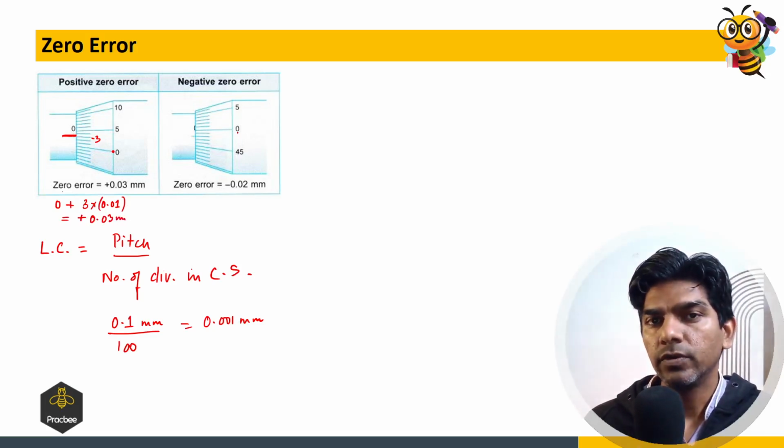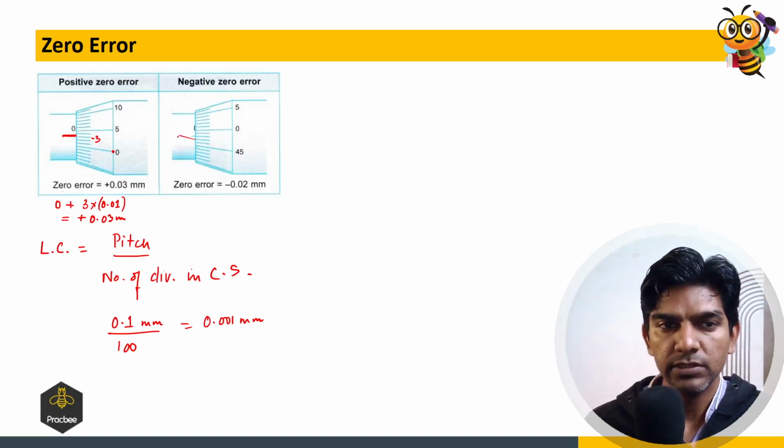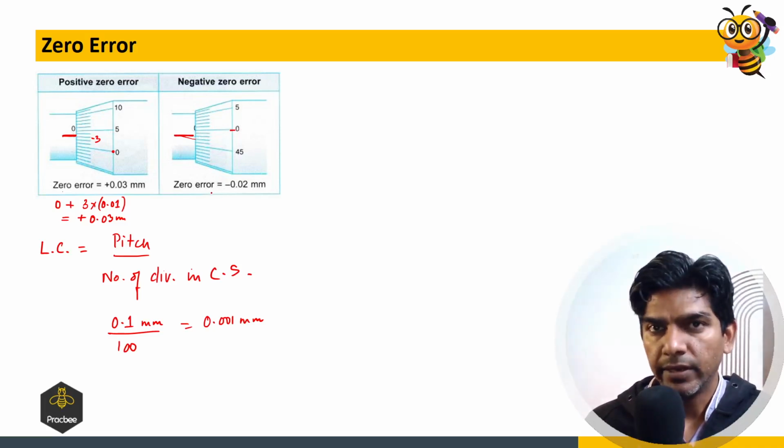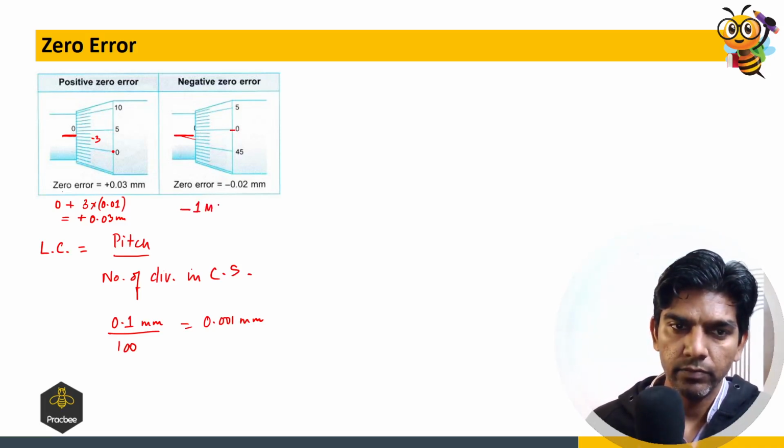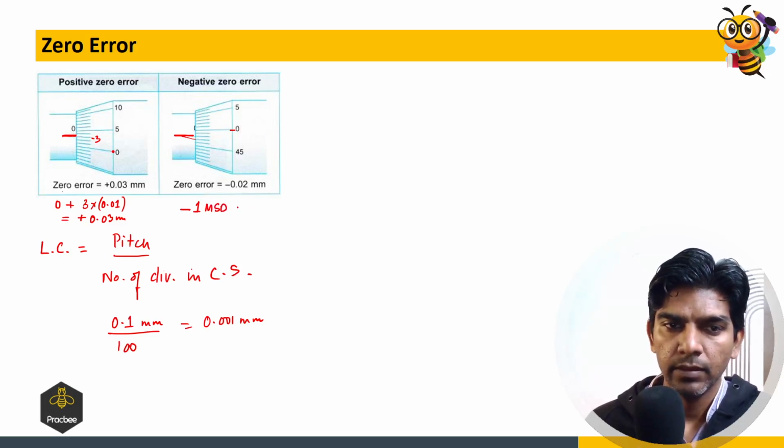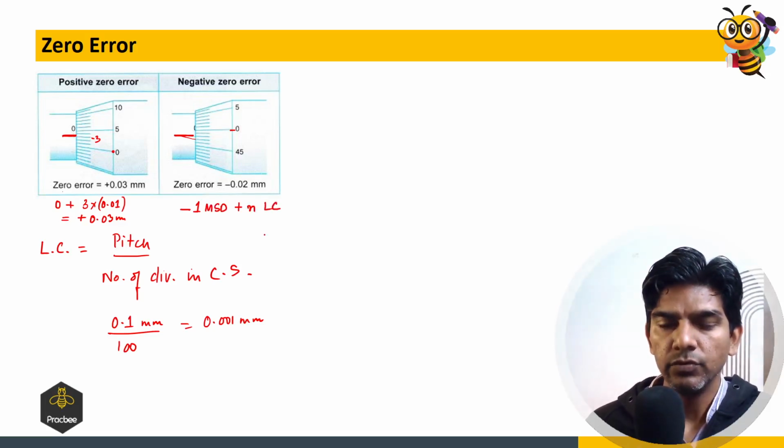If the zero on the circular scale is above the reference line, so this is the reference line and zero is above, right? Now in this case, there will be negative zero error and it will be minus 1 main scale division plus n times the least count. Now here n will be this mark, which is 48.